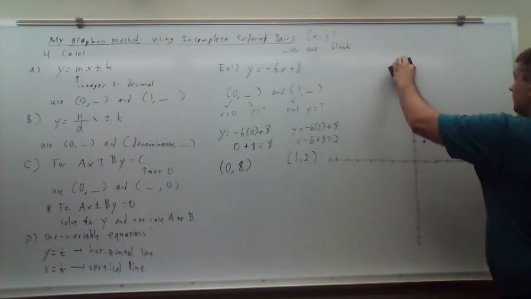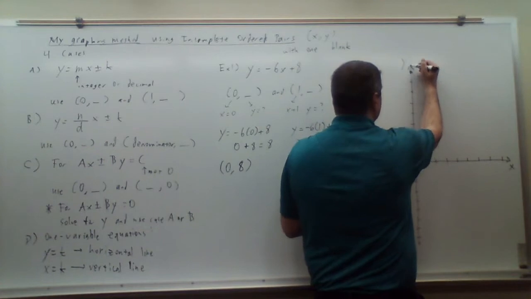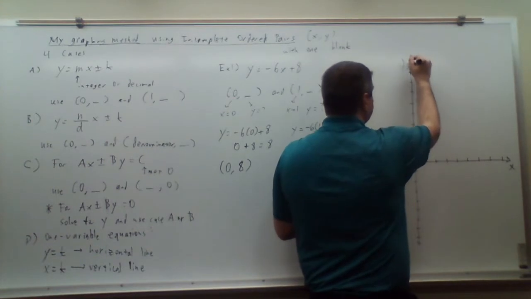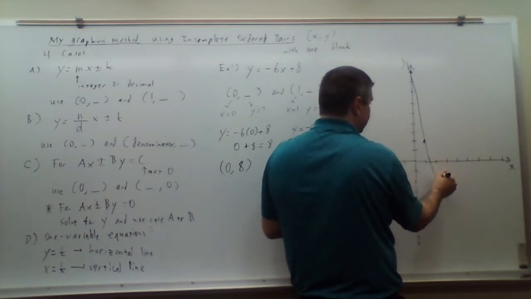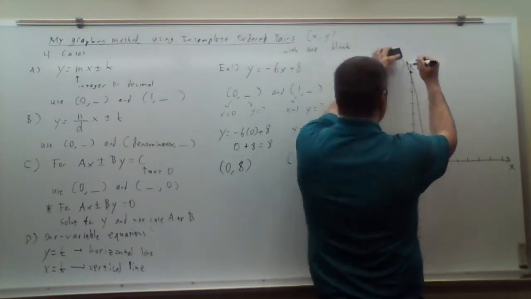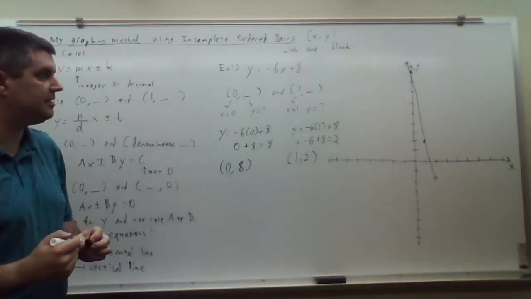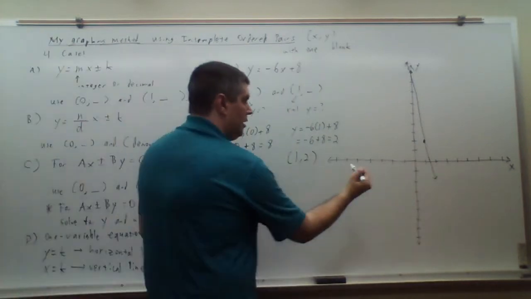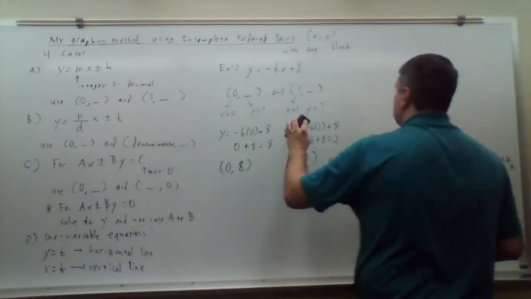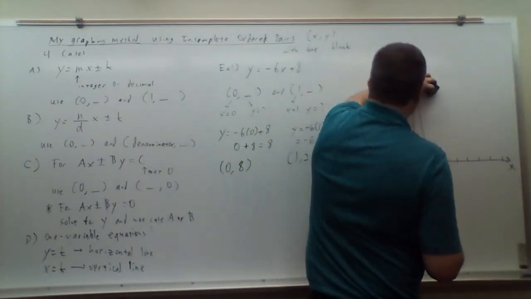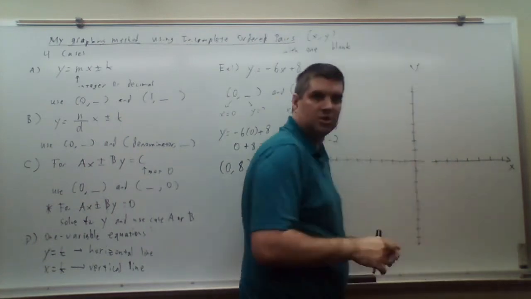I'm going to do the best I can graphing this very steep line. All right, and ladies and gentlemen, that is example 1. So let me go ahead and get this cleaned up.